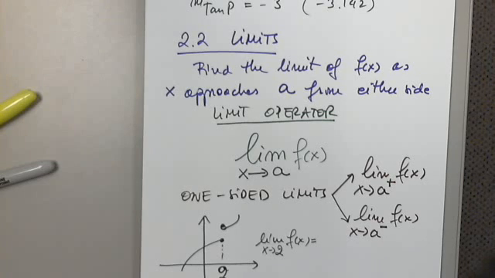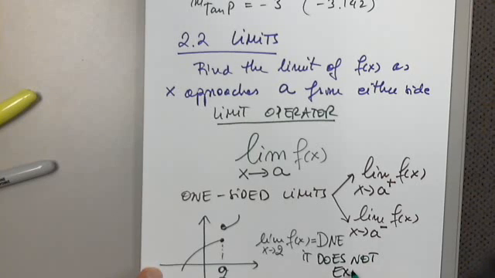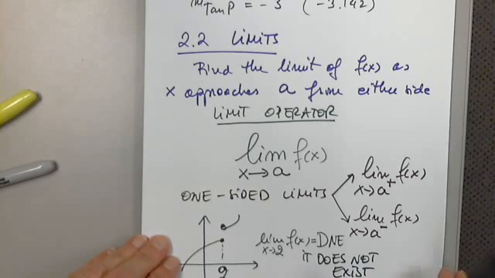From the left, you will say it's probably 3. From the right, you say it's probably 5. But what is from either side? Exactly. We write DNE. It does not exist. The limit from either side for this particular example does not exist.